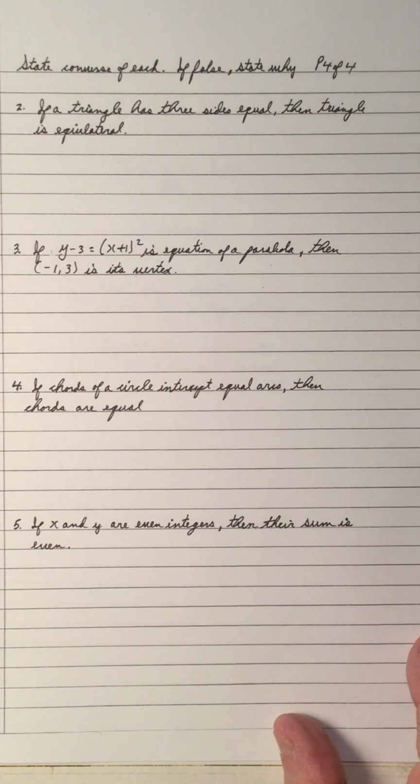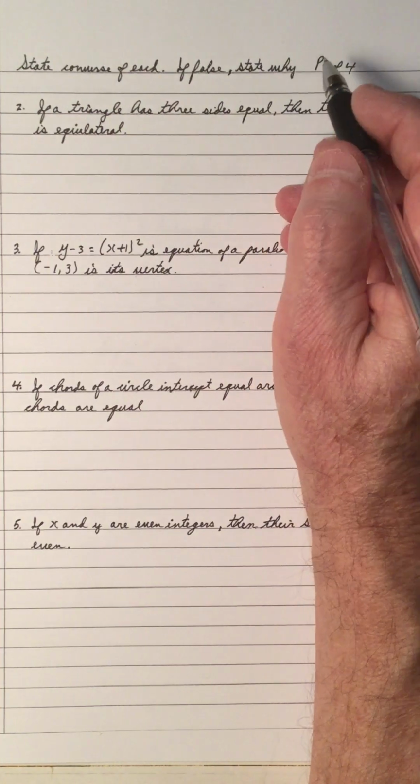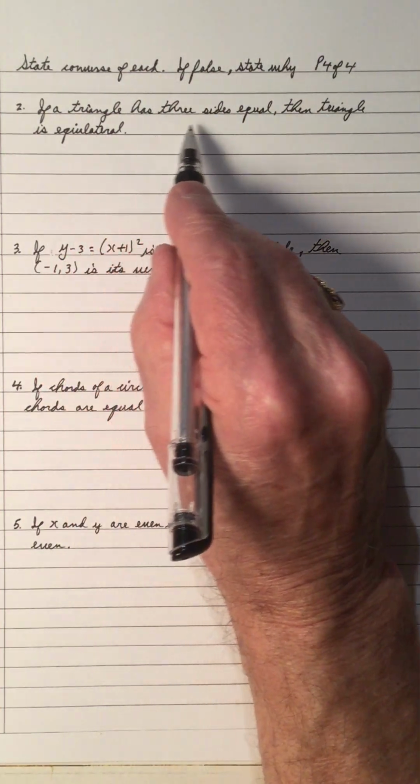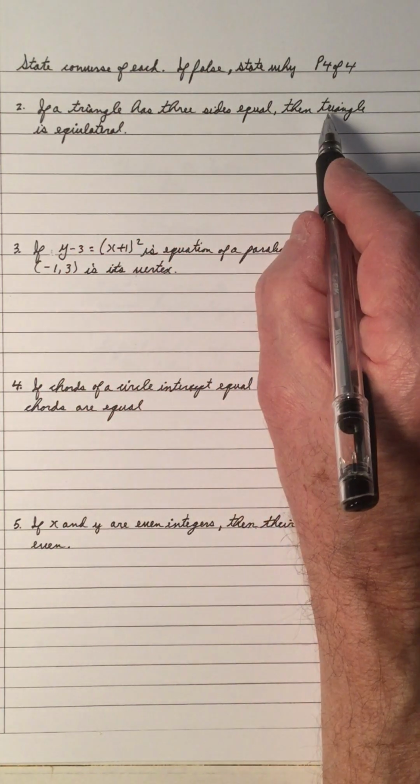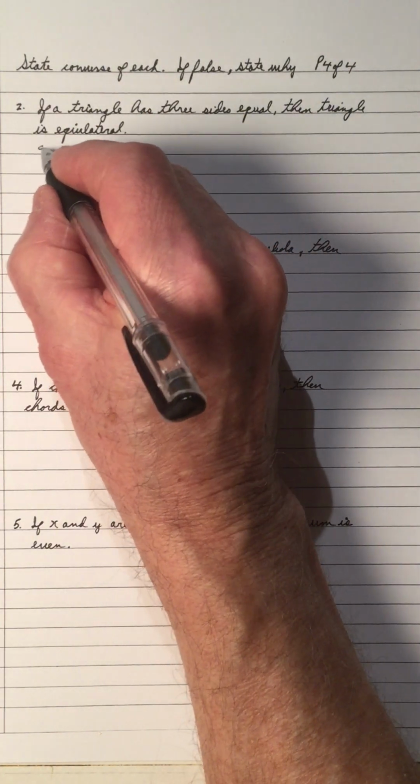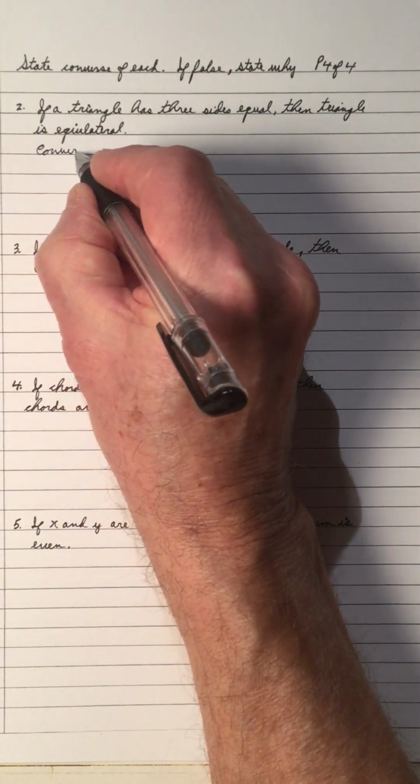State the converse of each, and if false, state why. If a triangle has 3 sides equal, then the triangle is equilateral. So the converse, we switch around.